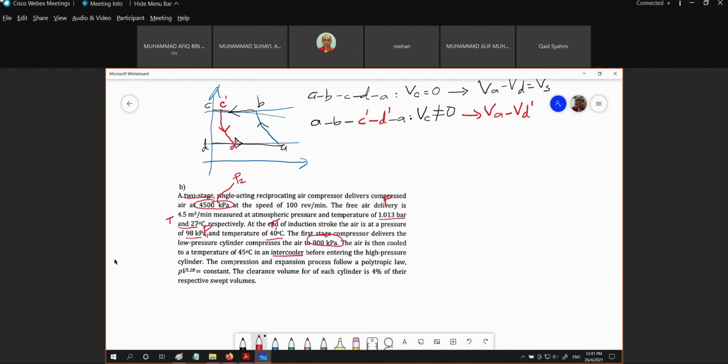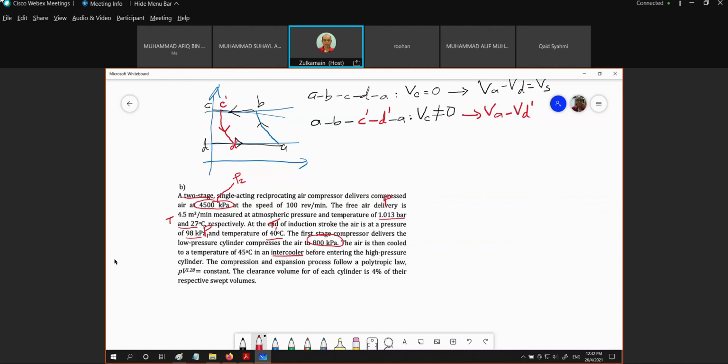Is it complete intercooling? The air is then cooled to a temperature of 45. If you look at T1, what is T1? This is T1, T1 is 40. This is 45, meaning that the intercooling is not completed. Alright.